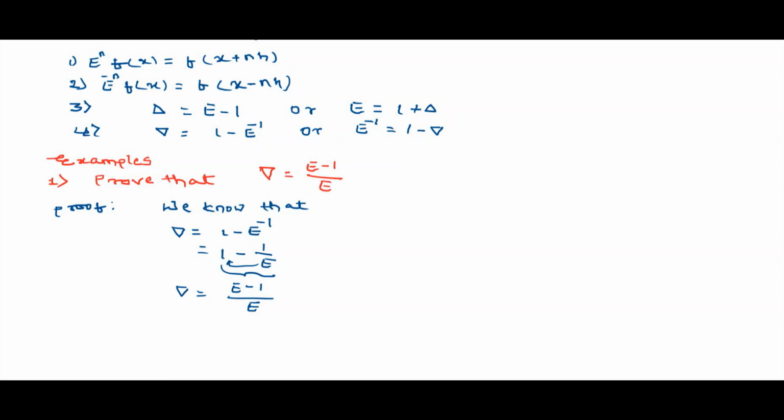So this is the first example, del is equal to E minus 1 divided by E.